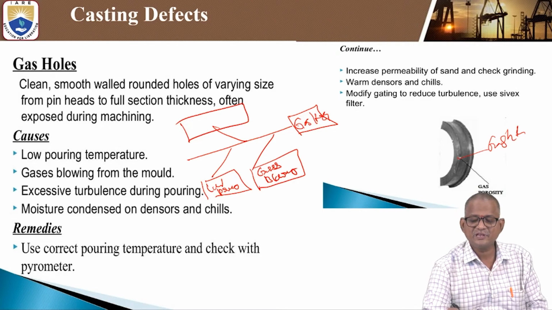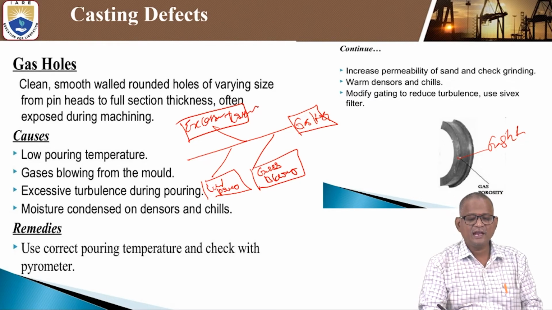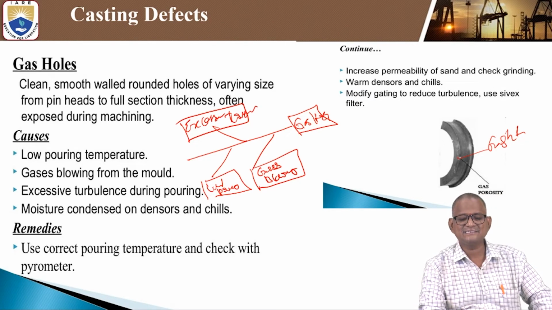Excessive turbulence leads to gas holes. And also moisture condensed on the densers and chills.